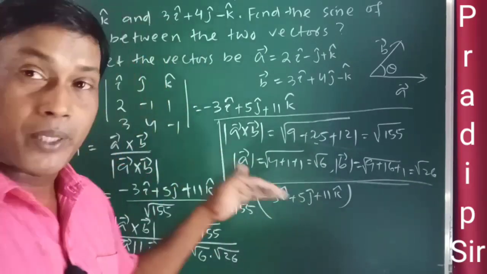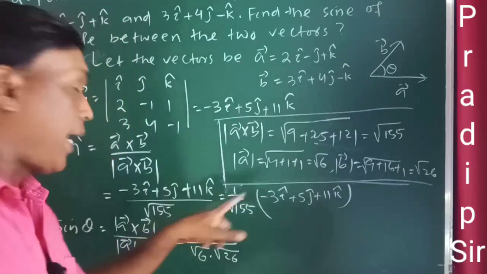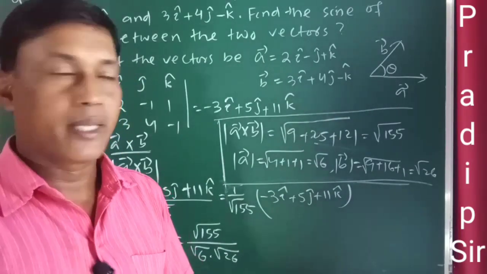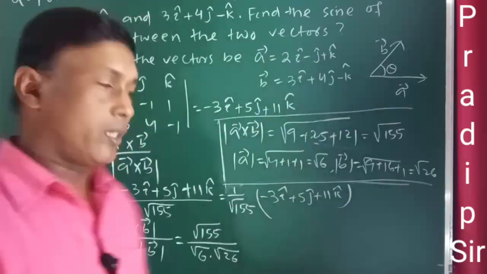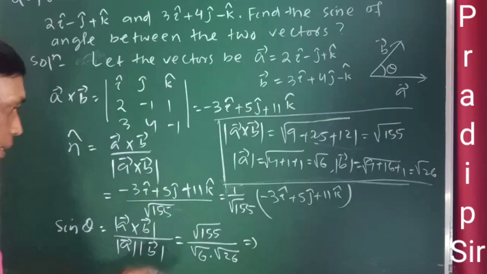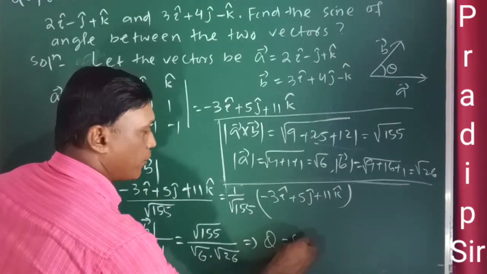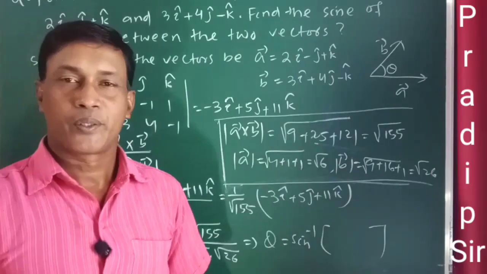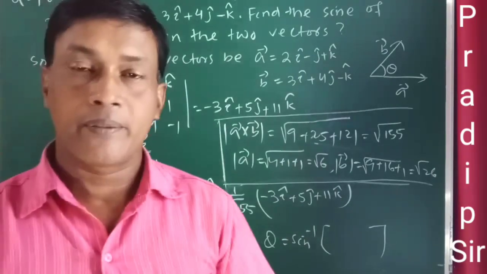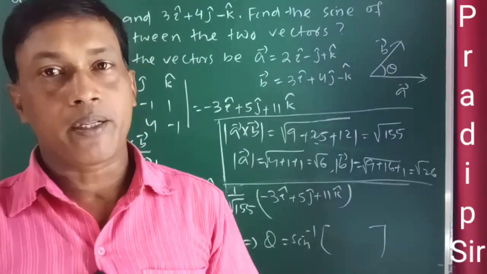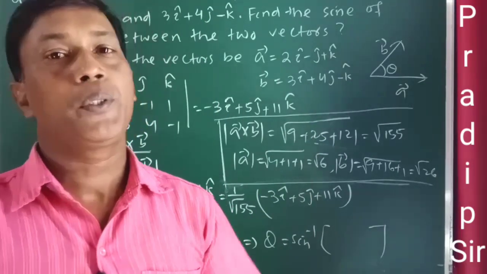So this is the process to find sine of angle between two vectors. Suppose you have given, तुमको दिया गया है कि find the angle only, not sine of angle. Then if sine theta is this much, then theta is equal to sine inverse this value. So in this process you can find the sine of angle between two vectors or simply angle between two vectors.